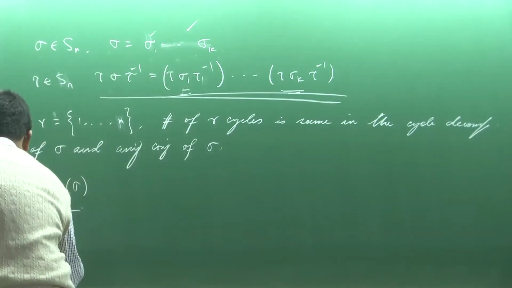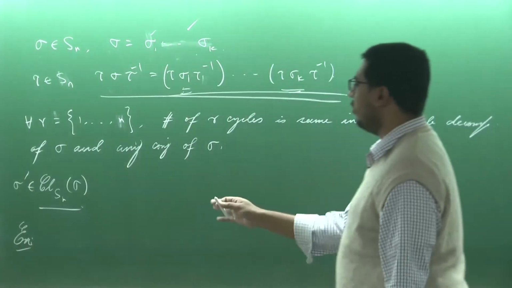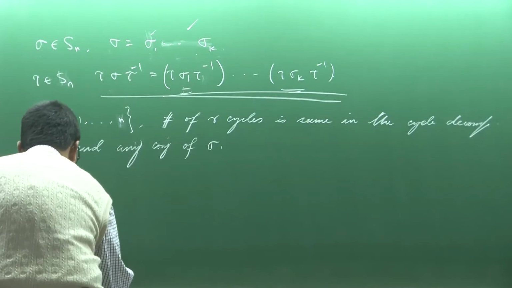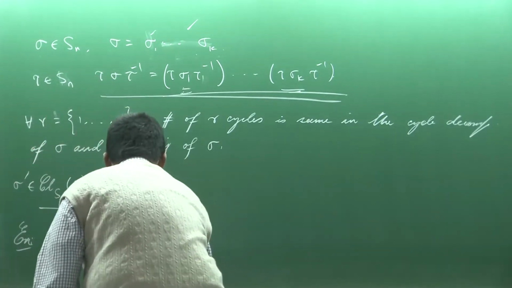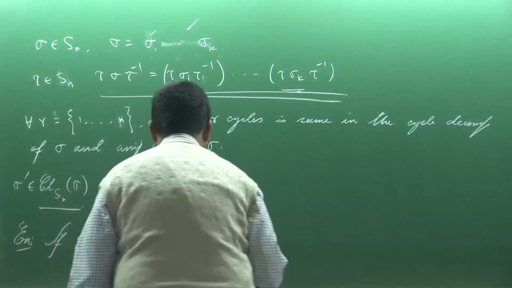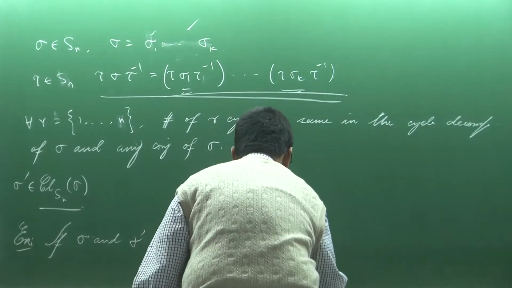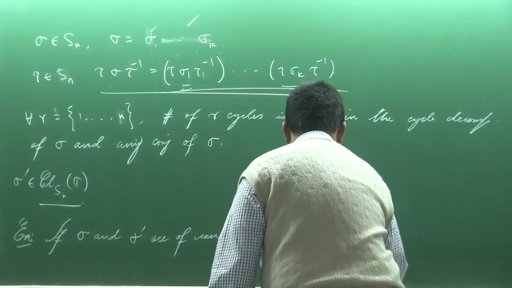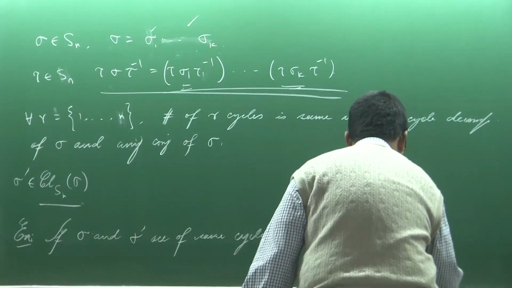Conversely, since this is straightforward, I leave it as an exercise that if sigma and sigma prime are of the same cycle type, then sigma prime must be in the conjugacy class of sigma.